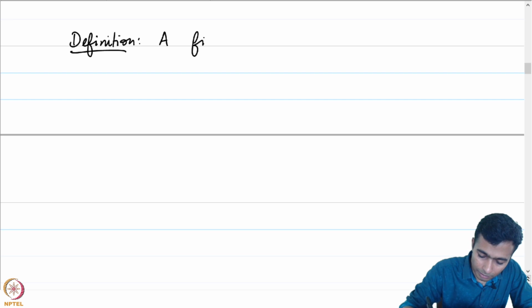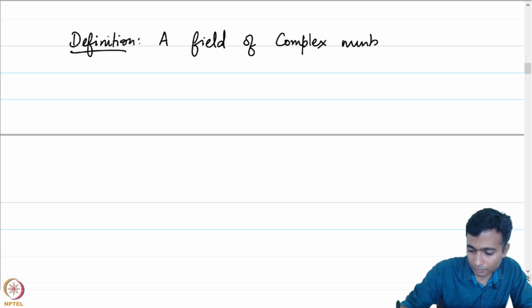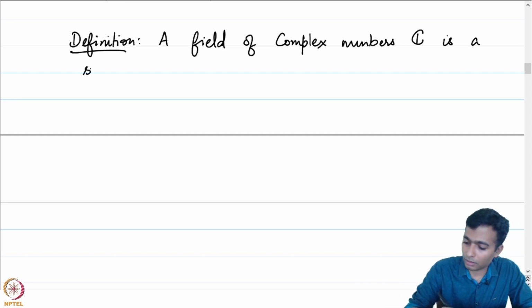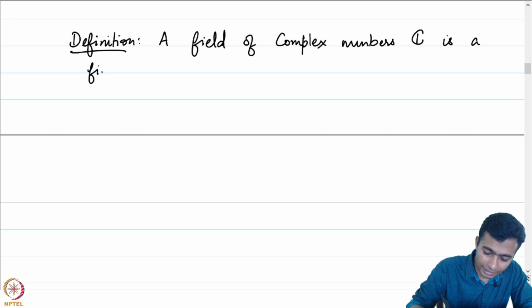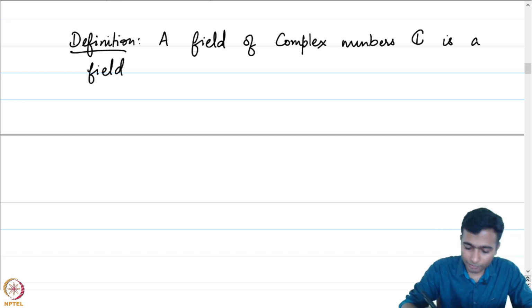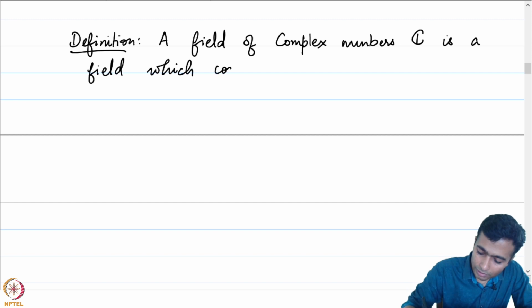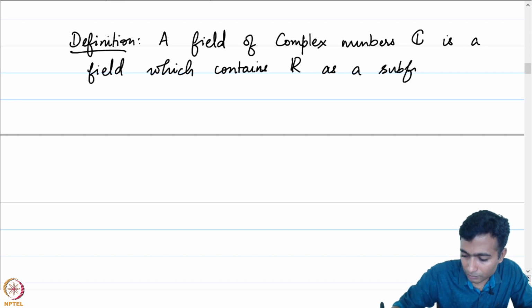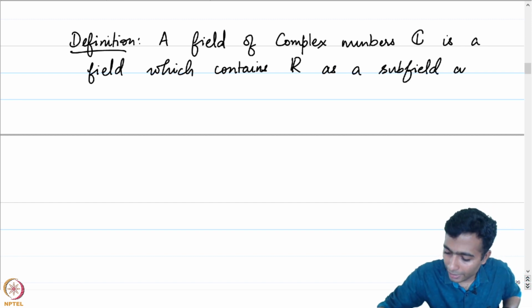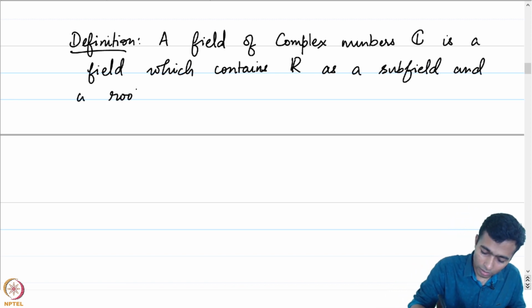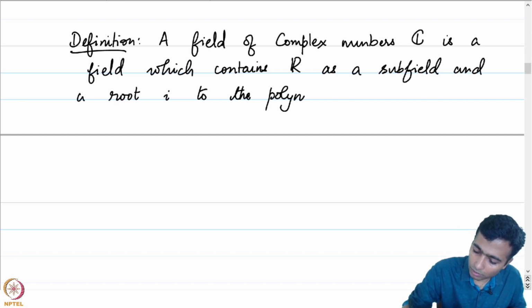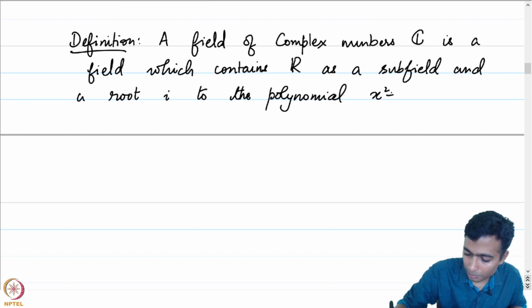A field of complex numbers C, this is a set, is a field, it's not just a set, it's a field which contains R as a subfield and a root i to the polynomial x square plus 1.